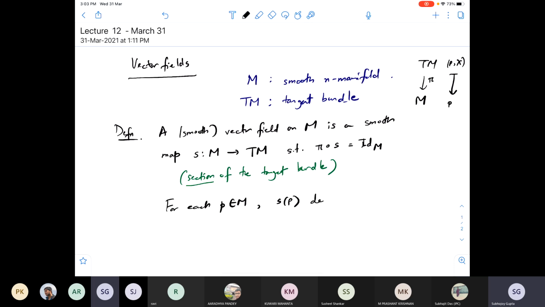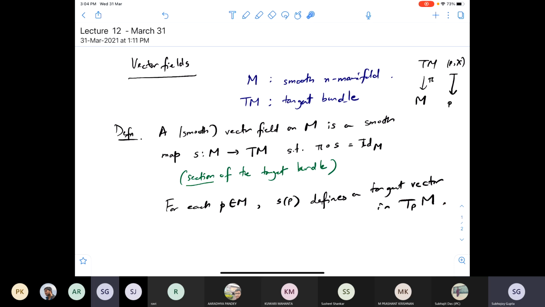So this defines a tangent vector in the tangent space at P. It has to be a tangent vector at the point P, because you know that S followed by pi is the identity map over here. So this ensures that this is some tangent vector in this particular tangent space.